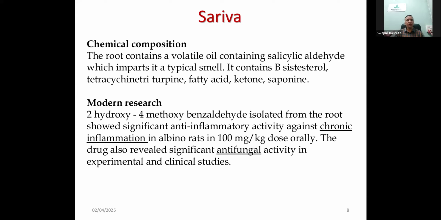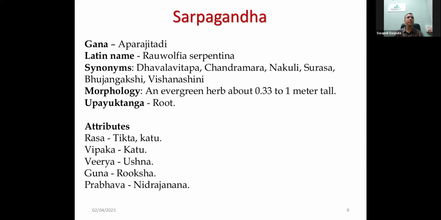They study through the Ayurveda perspective, and a few of them go ahead and do a study through the Western perspective, as in understanding what the actives are and what their action is on a particular condition in the body. That is modern research which has been conducted in various universities by various students. So with this, we complete Sariva.